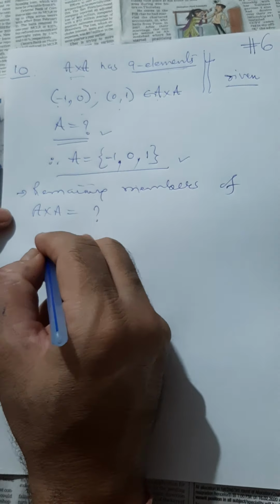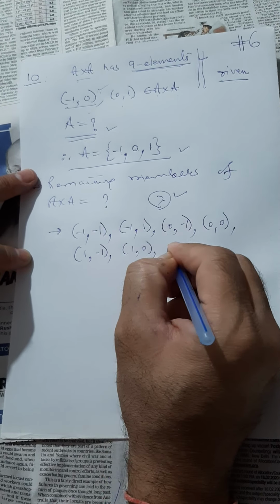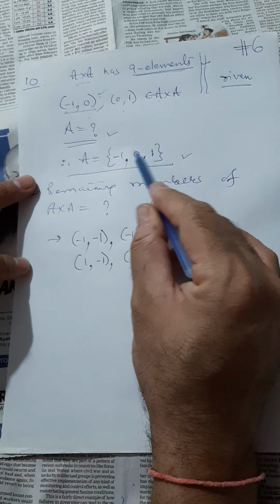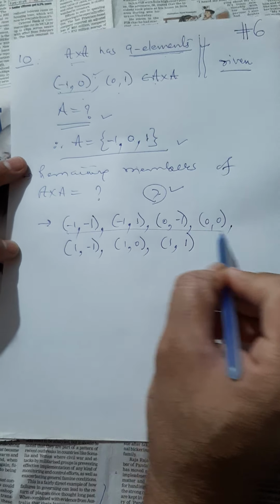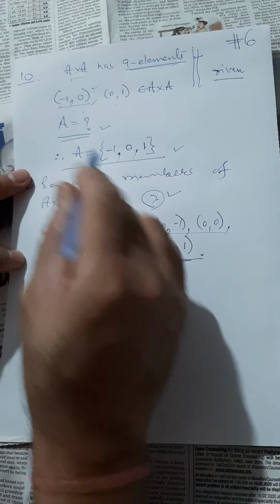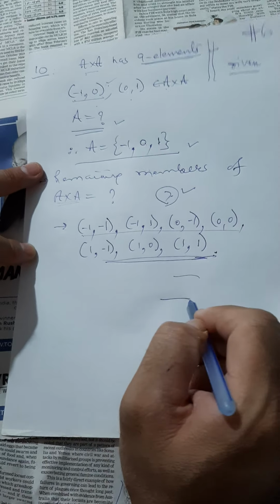And then (0, 1), which is already given, so I'm not listing it. Now with 1: (1, -1), 1 with 0, and 1 with 1. I repeat, 1 with -1, 1 with 0, and 1 with 1. So these are the 7 ordered pairs. The other 2 are already listed. In total, A cross A would have 9 members. So this is a cross product.